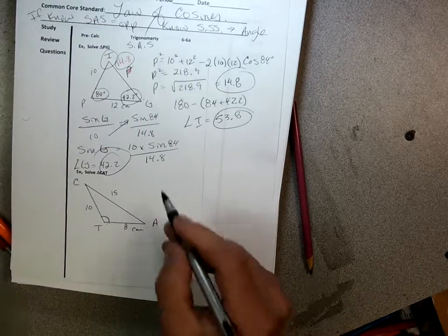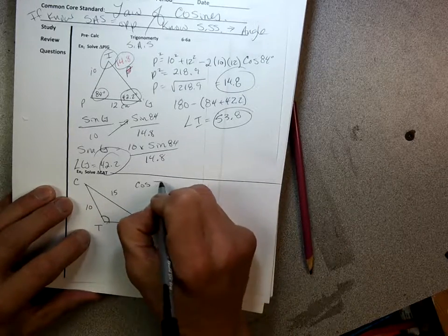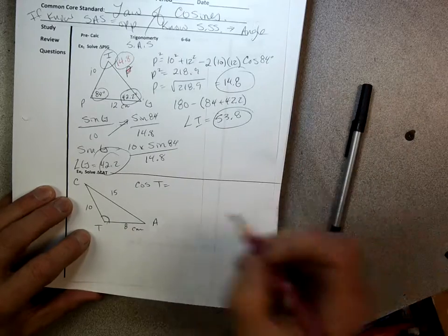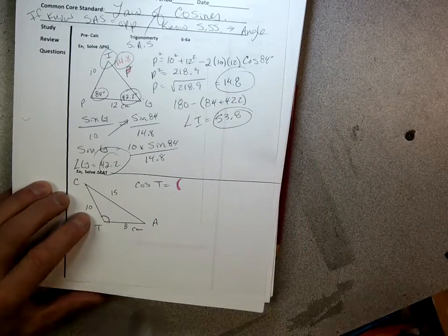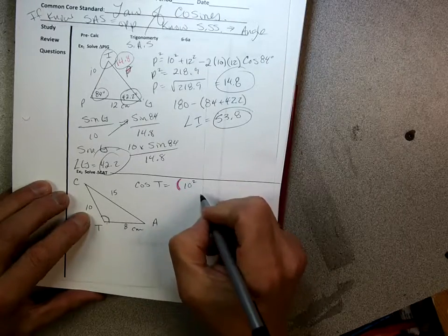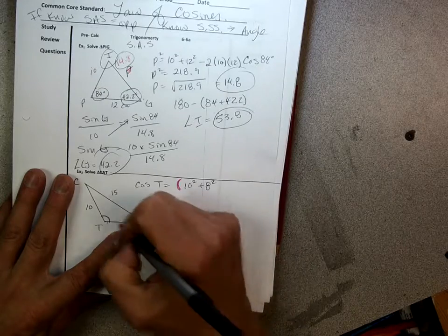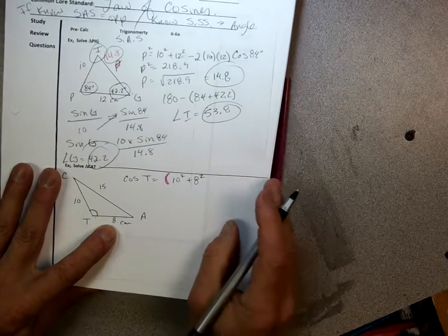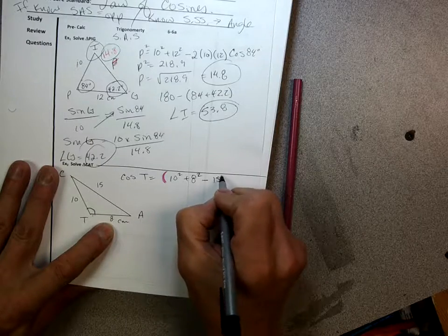So I'm going to go, okay, cosine of T is equal to parentheses, all right? Parentheses. I'm going to go adjacent squared plus the other adjacent squared. And it doesn't matter the order, adjacent 1, adjacent 2. Minus the opposite squared, which is 15 squared.